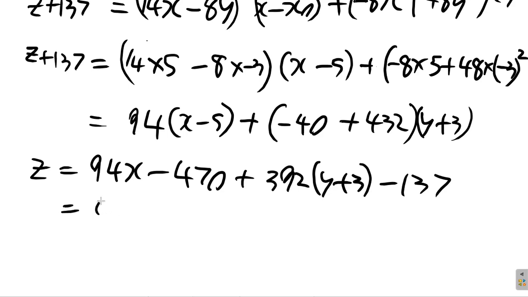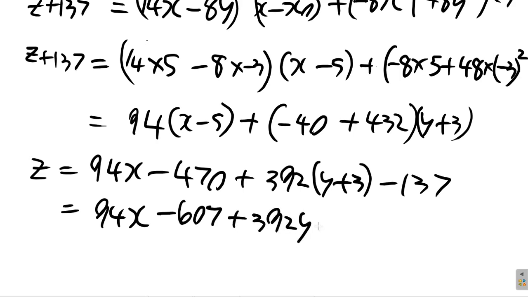So z is equal to 94x. Let's put these two numbers together. So far 470 and 137, 607, minus 607, plus 392y plus 392 times 3 is 1176.